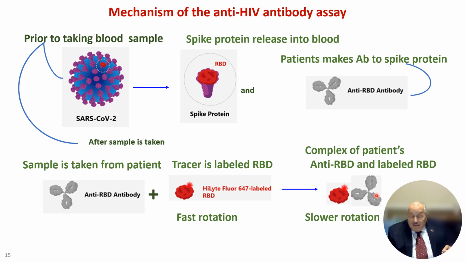But if the patient has an antibody to the receptor domain, it's going to be a much slower rotation when it forms this complex, and that's the origin of that higher anisotropy we saw in the previous slide. So I thought I'd save you the trouble of trying to look through that previous slide like I did for hours before I just decided to redo it.